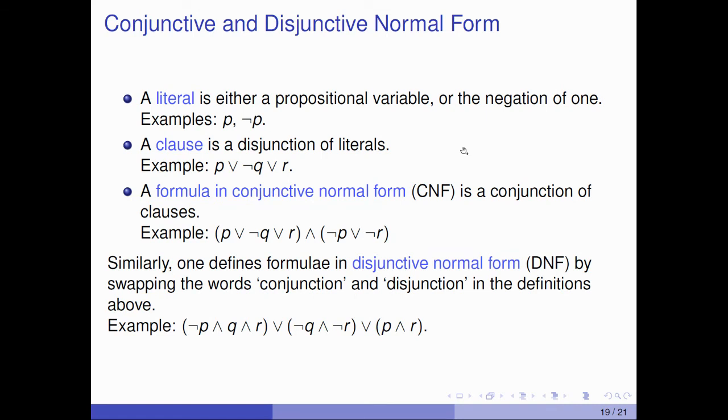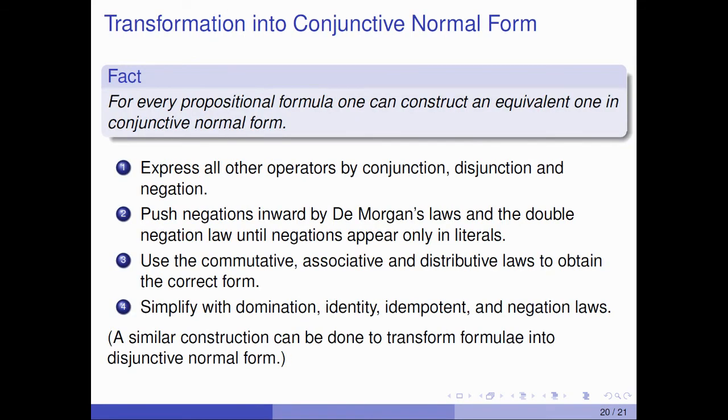In your exam, just like in this example, you're going to transform a proposition into conjunctive normal form. In fact, for every propositional formula, whatever it is, you can construct an equivalent one in conjunctive normal form. There are ways to do that. Number one, express all other operators by conjunction, disjunction, and negation.